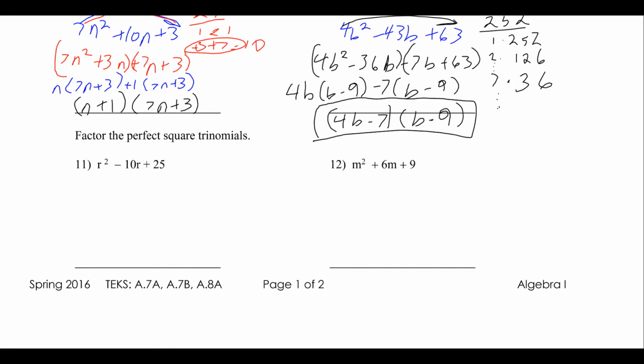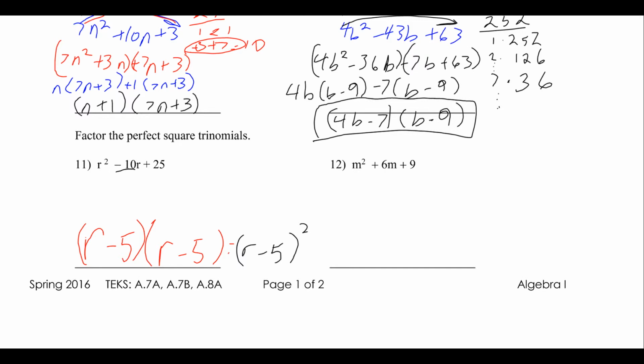Multiply 5 by negative 2 and you get negative 10. So what we can do there is we can actually shortcut the whole thing and go r minus 5, r minus 5, which is the same thing as saying r minus 5 squared.